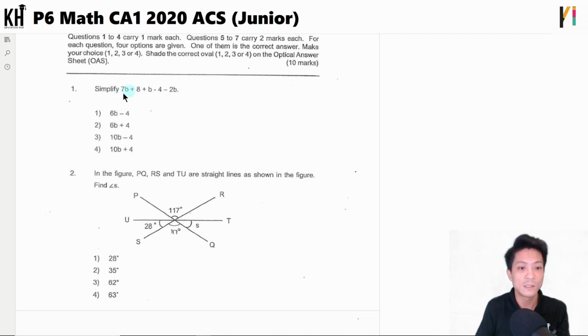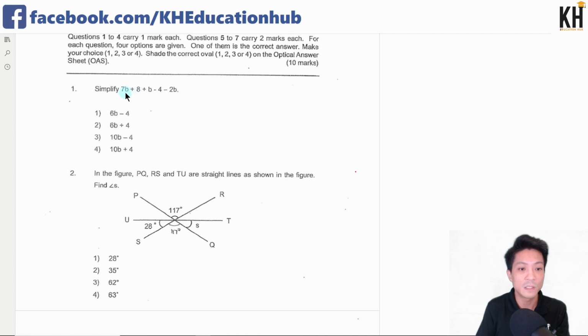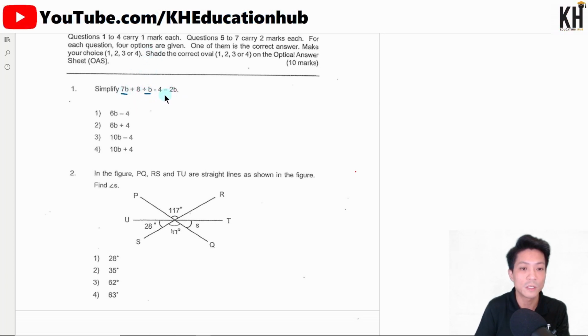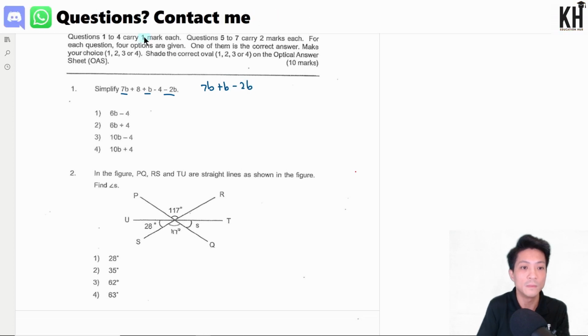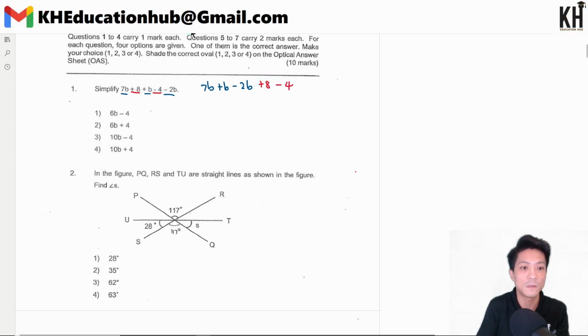Okay, question 1. Simplify 7b plus 8 plus b minus 4 minus 2b. For this type of question, it will be best if you try to rearrange. 7b plus b minus 2b, and the numbers will be plus 8 and minus 4.